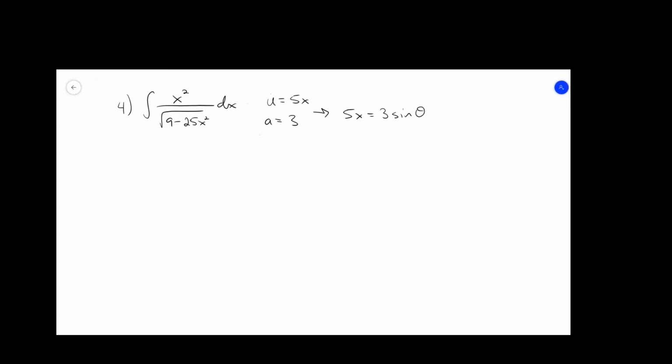Whatever that u is, that quantity is what I'm going to set equal to a sine theta or a tangent theta or a secant theta. Now let's see what that does. Oh, and of course we still have to figure out what dx is. So in this case, we'll have to solve for x, 3/5 sine theta. You've got to figure out what dx is. That's important. So dx is going to be 3/5 cosine theta.